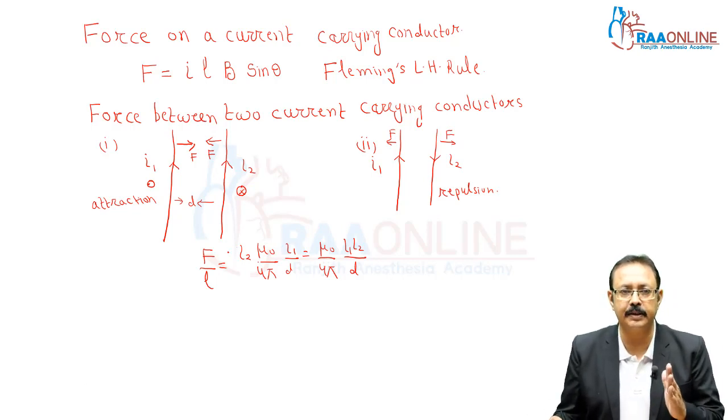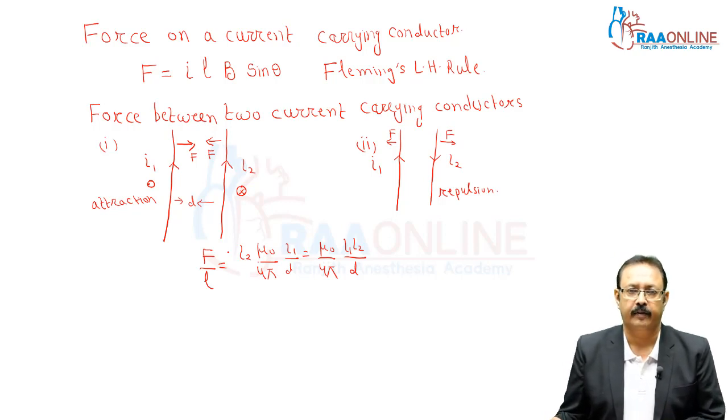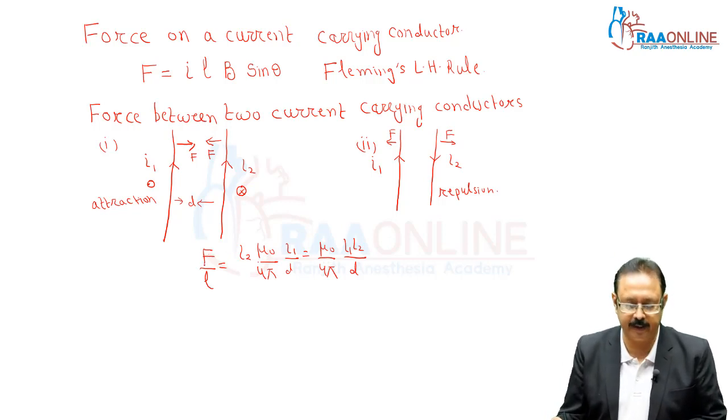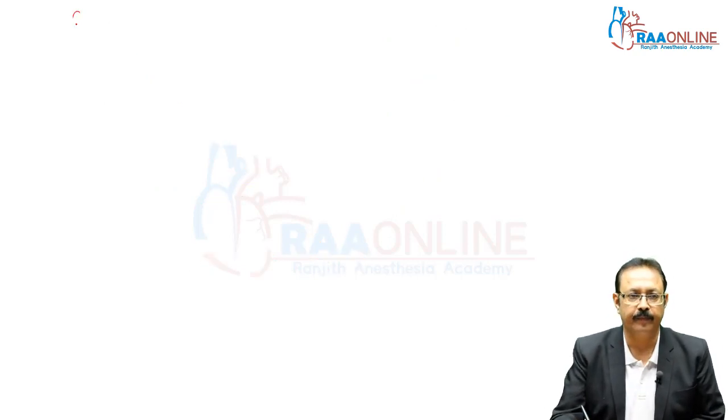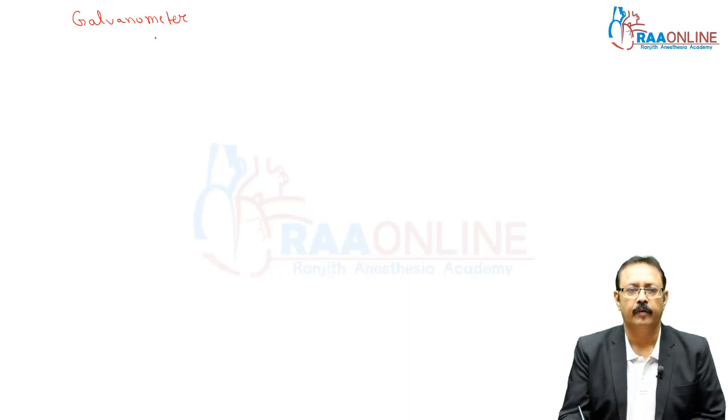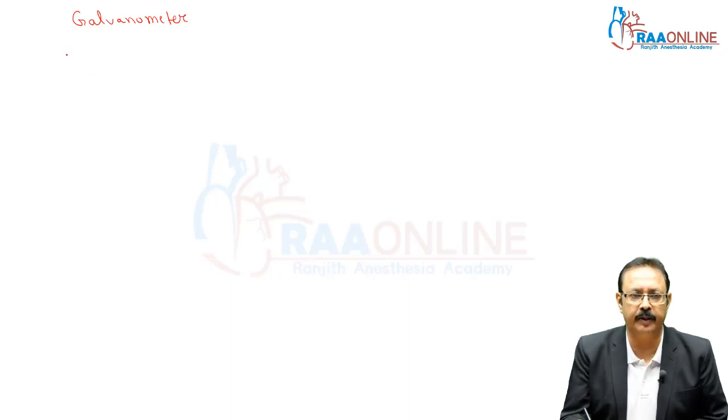Now we will use this concept of force in the galvanometer. What is happening in the galvanometer? Same thing we are using there. Galvanometer. What we are doing in the galvanometer?